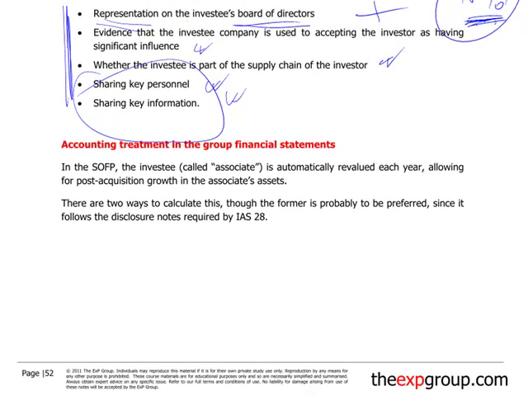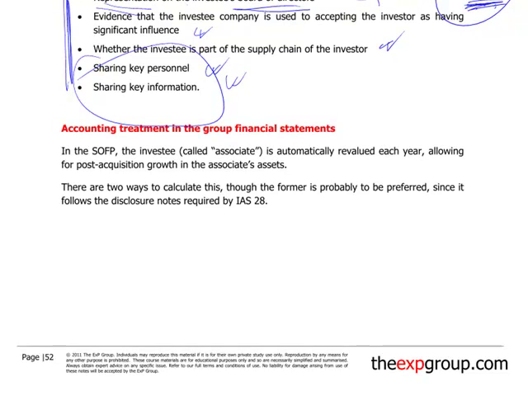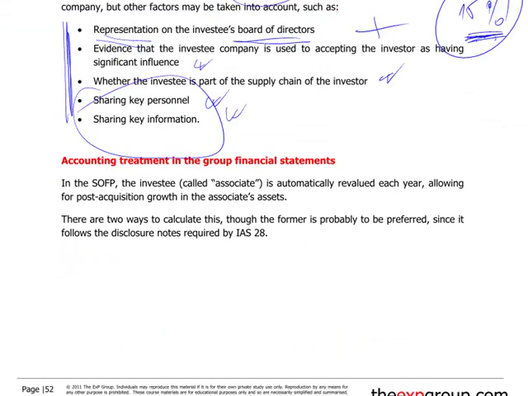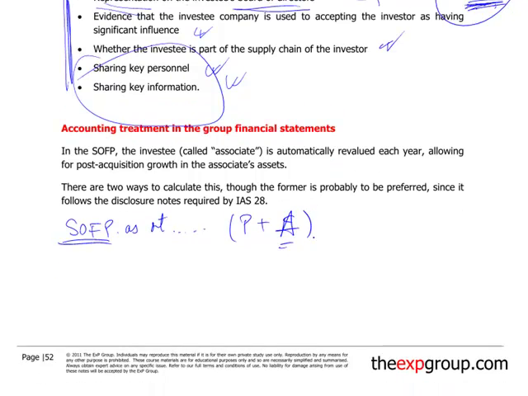What happens in terms of accounting treatment? So if you look at page 52, that's correct, let's very briefly summarize the theory of the accounting for an associate. So if you have the statement of financial position, this time for an associate, you'll have it as at a point in time, but you're dealing with parent plus associate company, so you're not going to apply the same rules.